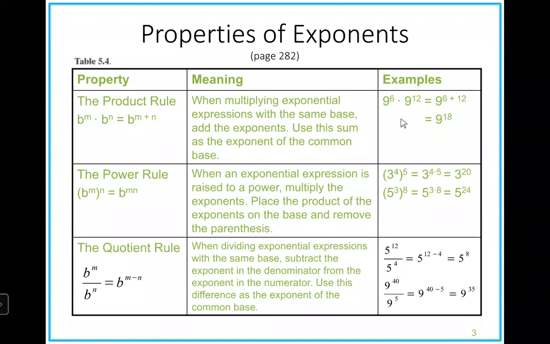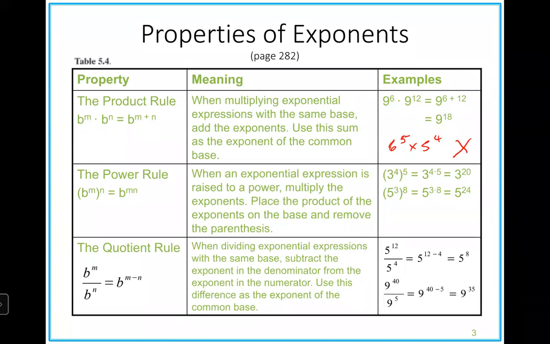To give an example, 9 to the 6 times 9 to the 12 would be 9 to the 6 plus 12, which is 9 to the 18. Now, if the base is not the same, so if I give you, for example, 6 to the 3rd times 5 to the 4th, you can't use the exponent rules for that, the product rule.